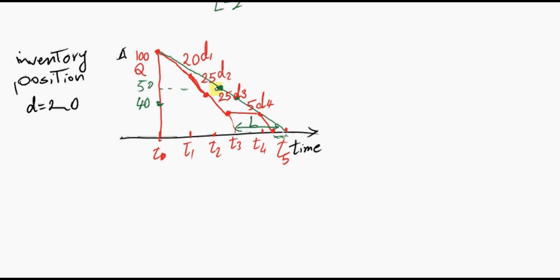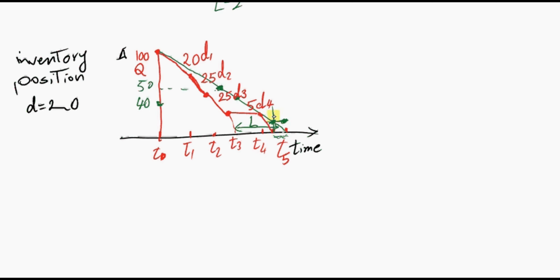If you order at 50 and the demand is average, then we will have on average 10 units extra when we reach T5, because we ordered sooner, the product will arrive sooner.